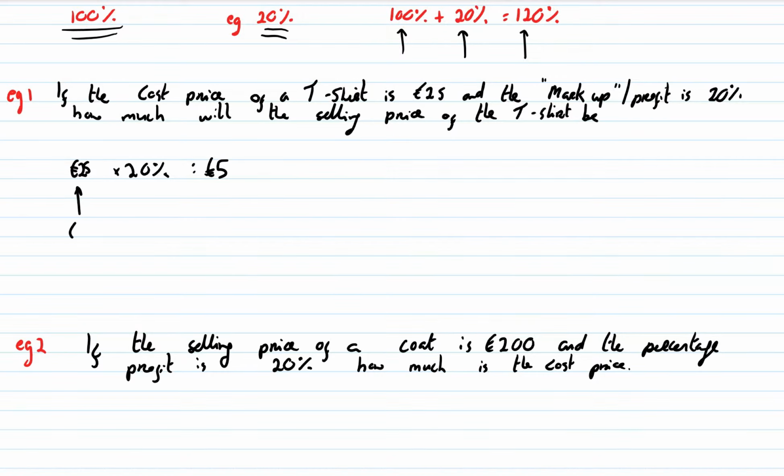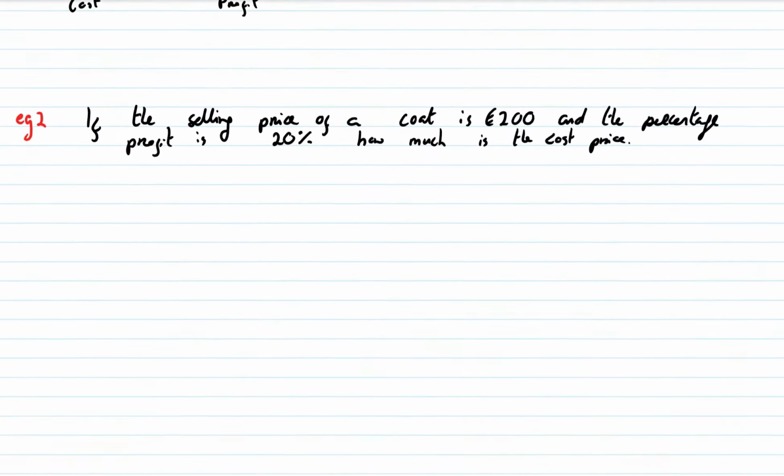There's our cost price, and here's our profit. So the selling price will be 30 euros, the 25 and the 5 added on. That's easy enough.